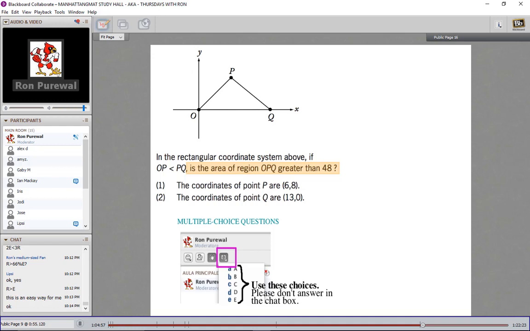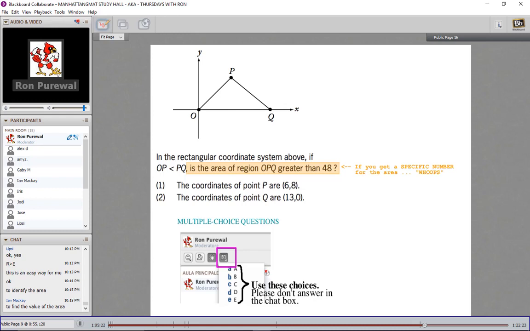What isn't the goal? If you identify the specific number for the area, you should be like, whoopsie. Don't forget. Go for it.